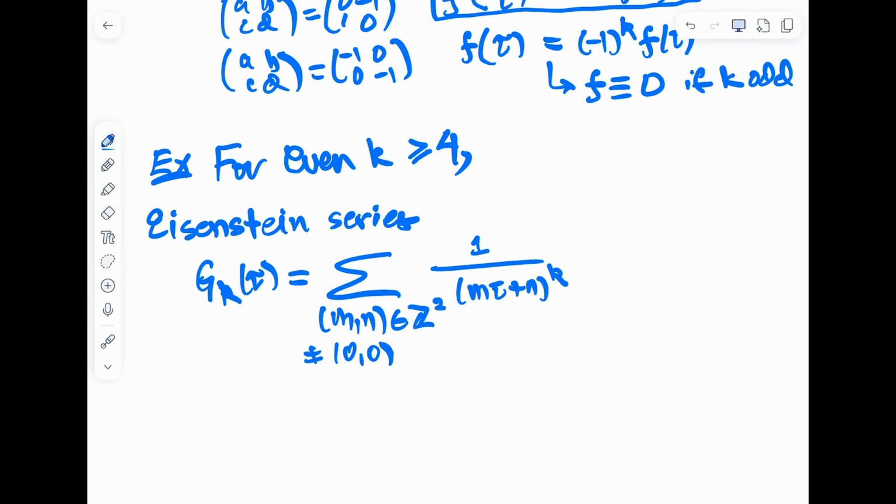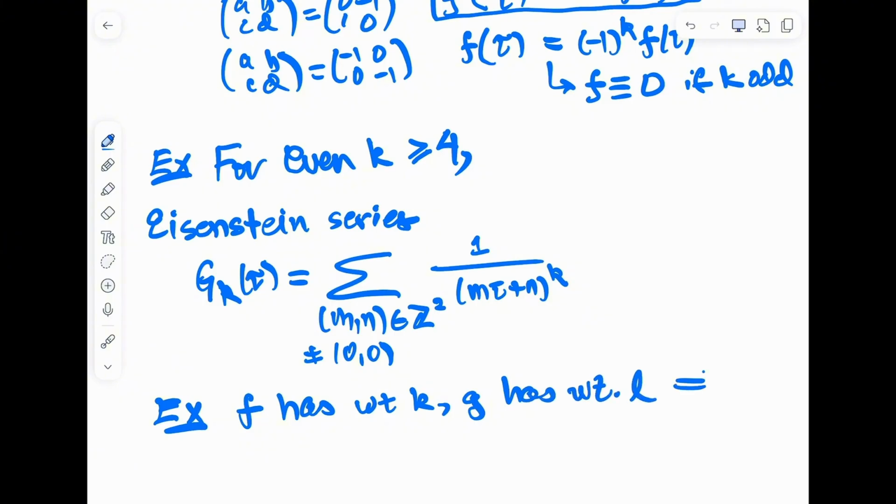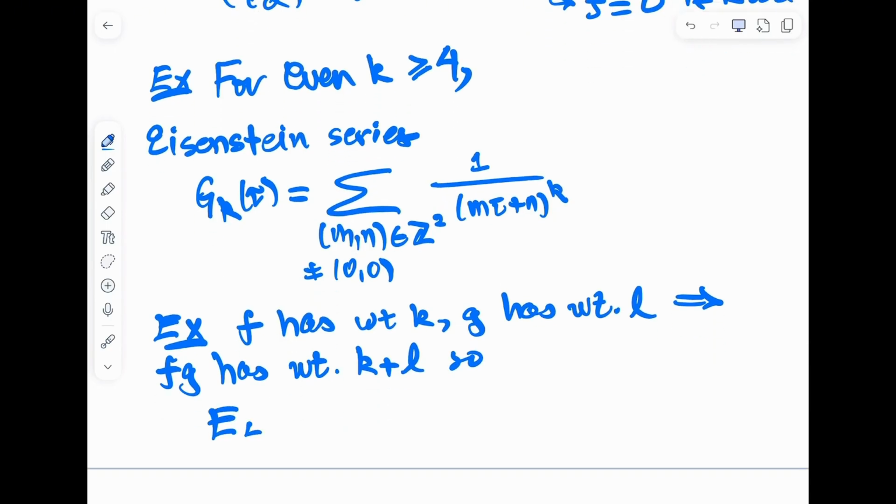So for example, if f has weight k and g has weight L, if you multiply them together, it will fit the definition of a modular form of weight k plus L. So for instance, G4 to the third power, G6 to the second power, and G12 all have weight 12.